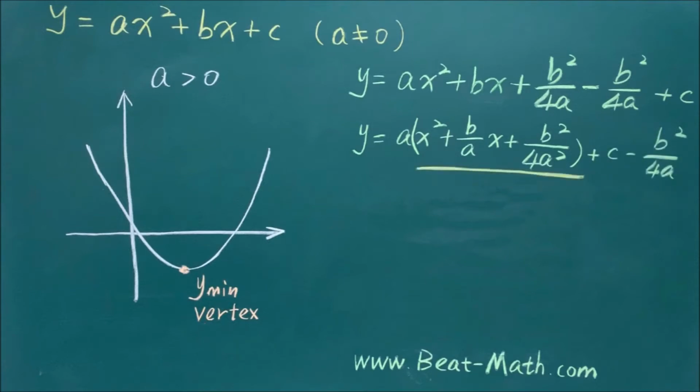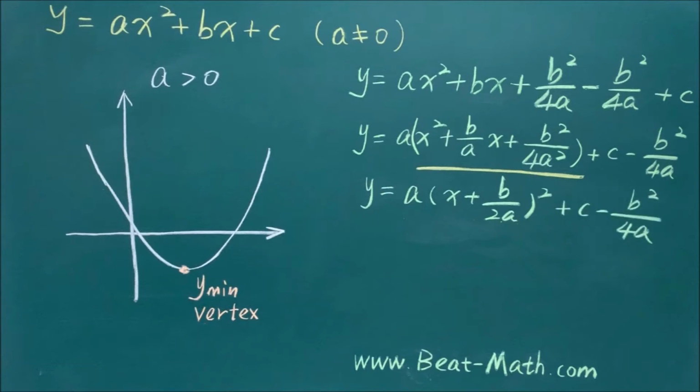x squared plus b divided by a x plus b squared divided by 4a squared is the square of (x plus b divided by 2a). So we get y equals a times (x plus b divided by 2a) squared plus c minus b squared divided by 4a.